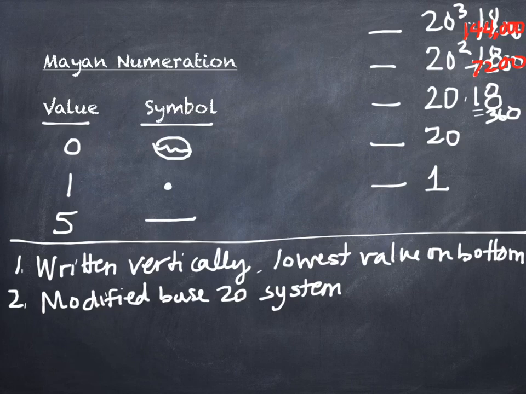All right, the third feature that we want to talk about is that they do repeated symbols within a place value.